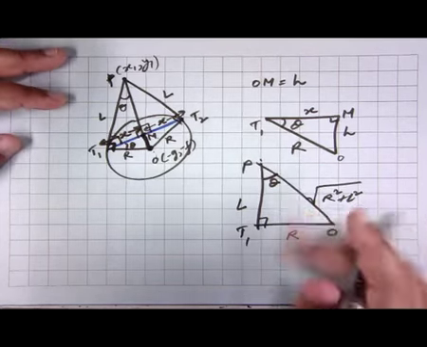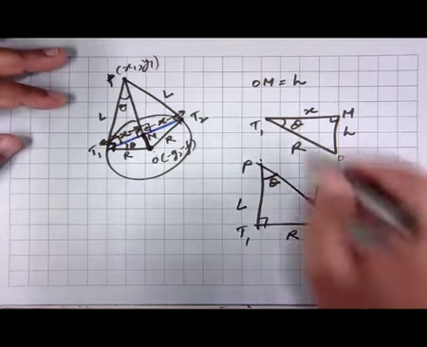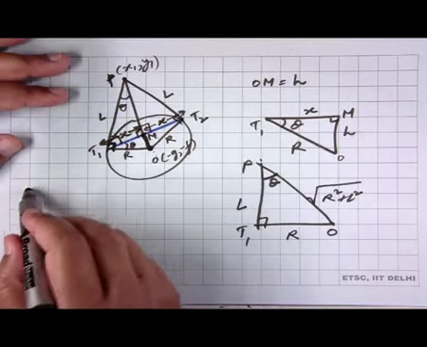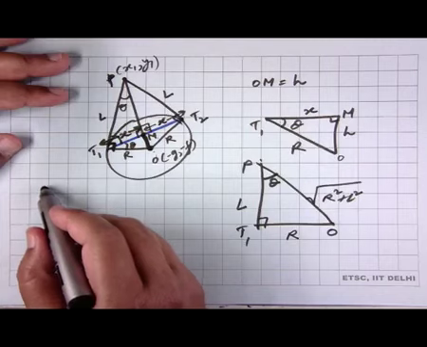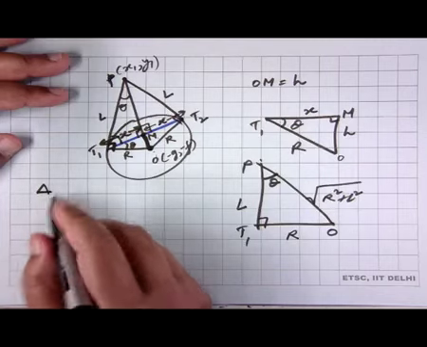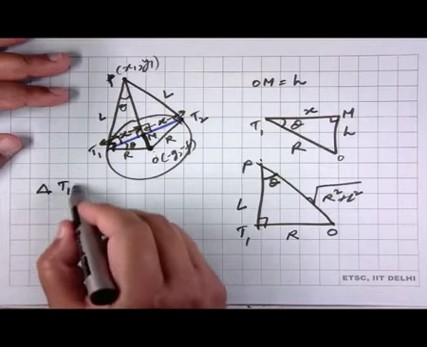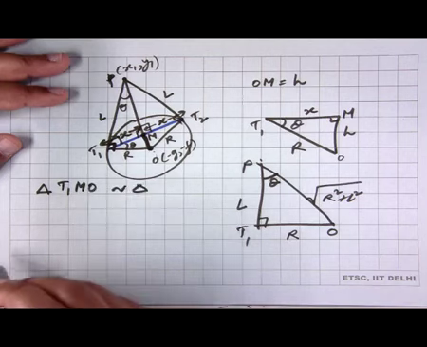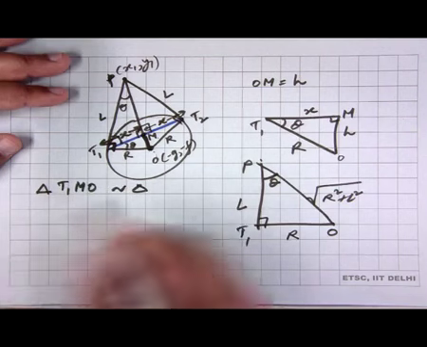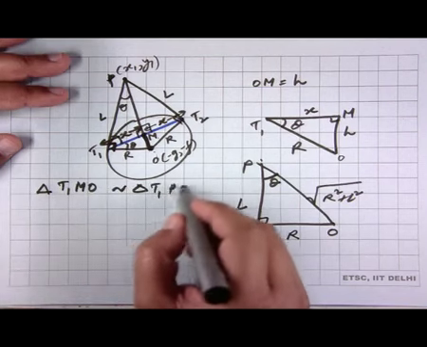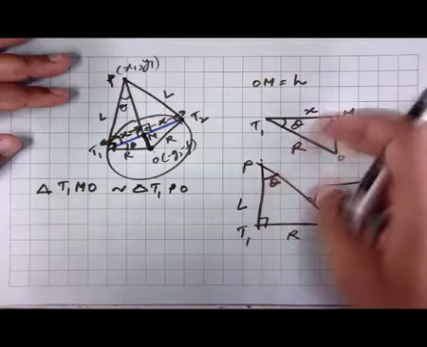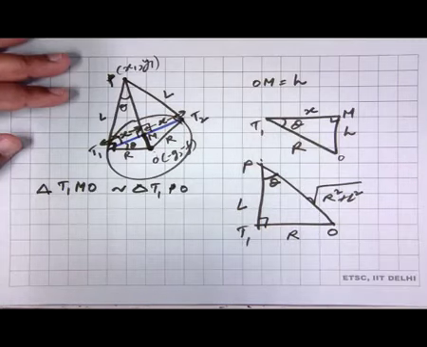One can see that all the three angles of these two triangles are the same, and therefore, triangle T1MO is similar to triangle T1PO, and therefore, the ratios of the corresponding sides must be the same.